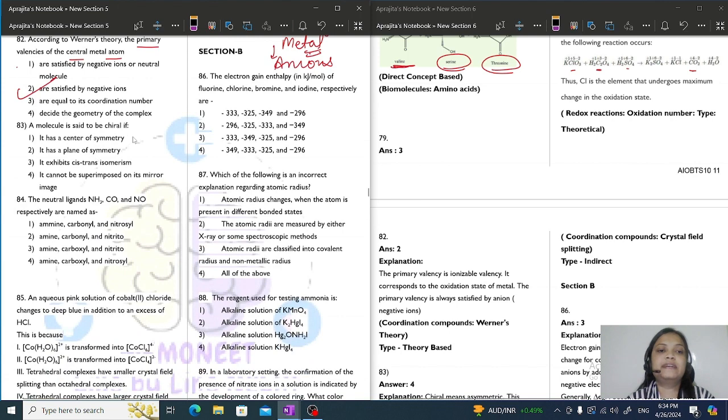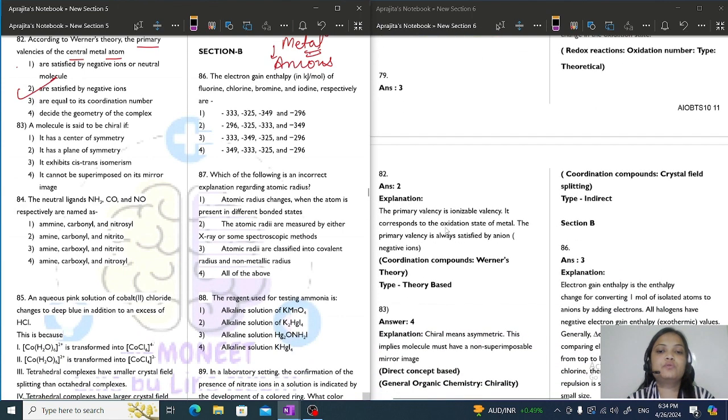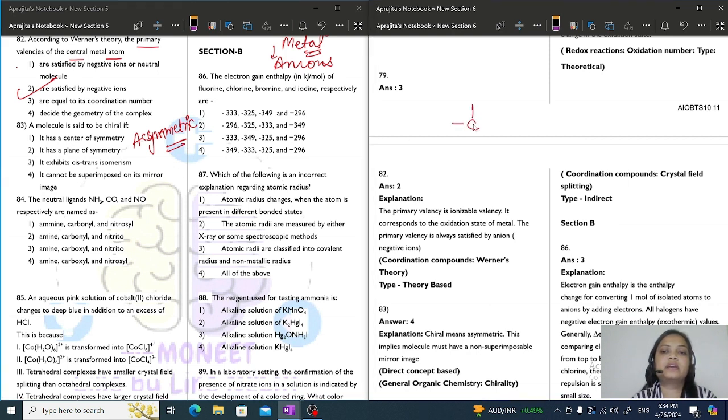A molecule is said to be chiral. Students, we all know that chiral means asymmetric. Let's see, a chiral molecule is one like this. Suppose this is a carbon atom. If there are 4 different groups attached to the carbon atom, this molecule does not have any center of symmetry.